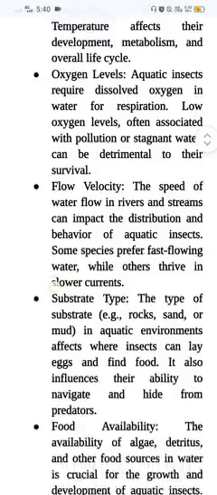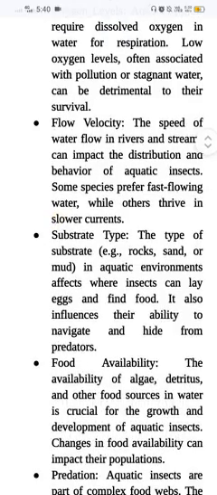Then flow velocity. Flow velocity in the sense speed of water flow in rivers and streams. That can impact the distribution and behavior of aquatic insects. Some species prefer fast flowing water while others thrive in slower currents. The next factor is substrate type. Substrate type in the sense the type of substrate like rocks, sand or mud in aquatic environments affects where insects can lay eggs and find food.